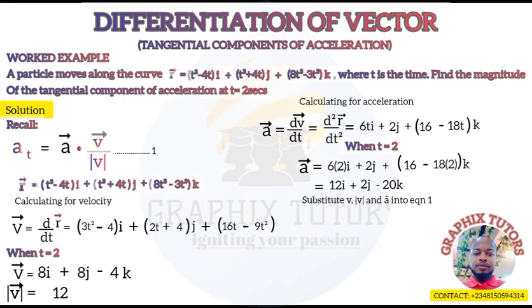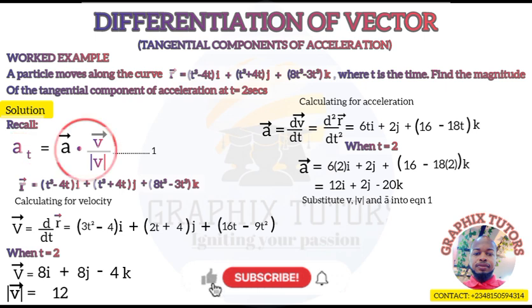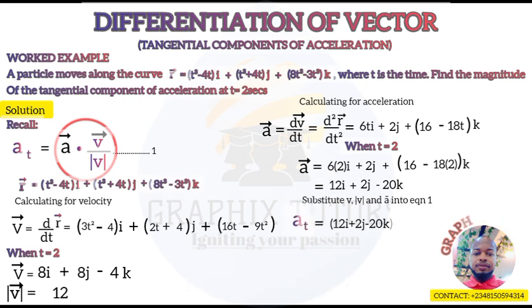So I will now say that my tangential component of acceleration, a sub t, is giving us what? The acceleration dotted with the velocity, over the magnitude of the velocity, is the dot product we have there. Now when I put my value for acceleration, I'm having 12i plus 2j minus 20k.